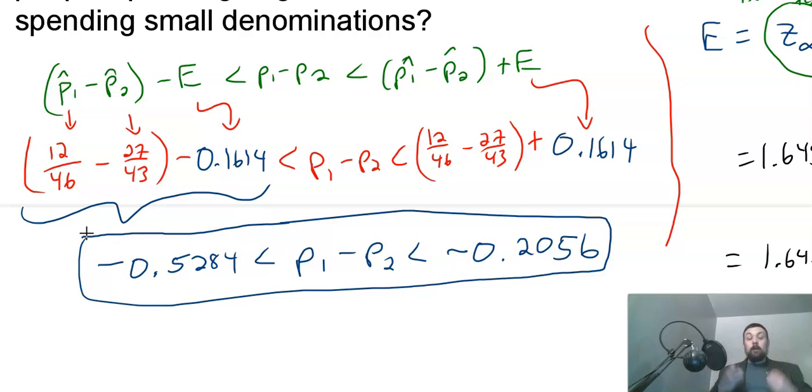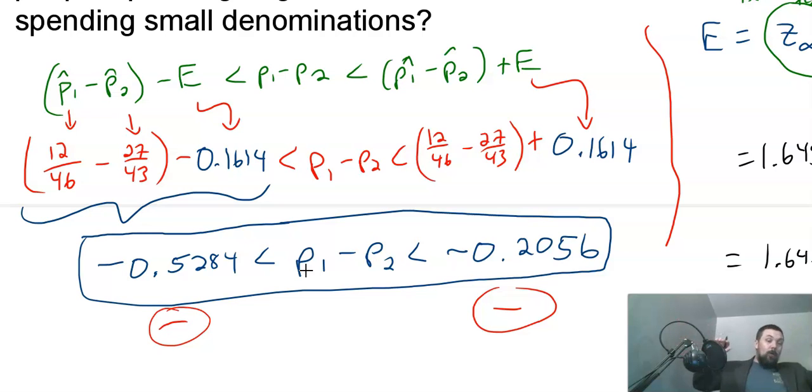The way you draw a conclusion from the confidence interval is that if these are both negative, whichever end of the spectrum we're on, whether we're at the low end at negative 0.528 or the high end at negative 0.2056, they're both negative. And so we are 90% confident that the difference will be negative, and it'll be somewhere between those two numbers, right?